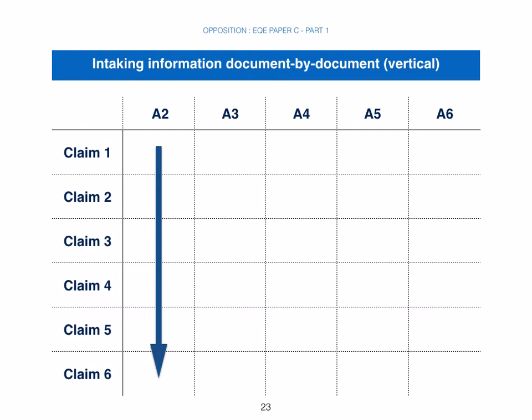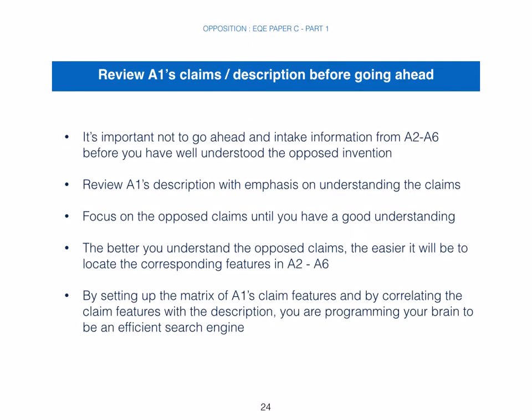But before we go to the prior art documents and start intaking the information, I would like to make a few comments about what we have to do. So it's important not to go ahead and intake information from A2 to A6 before you have well understood the opposed invention.